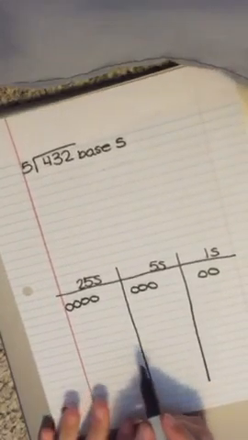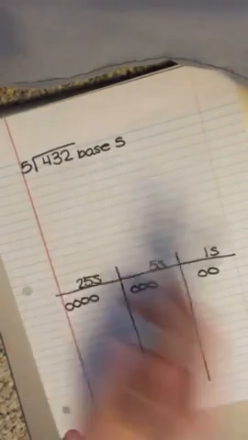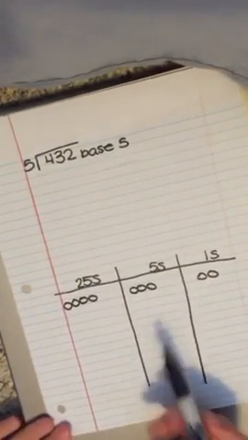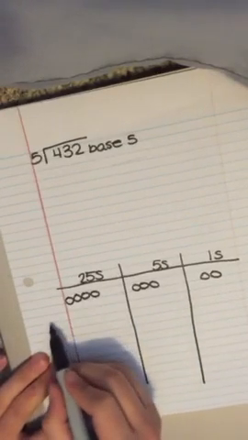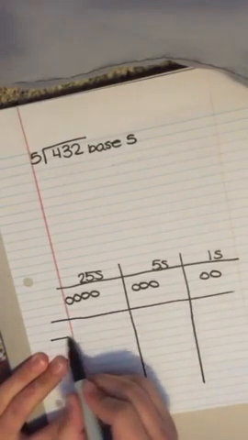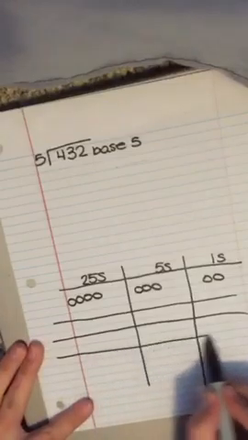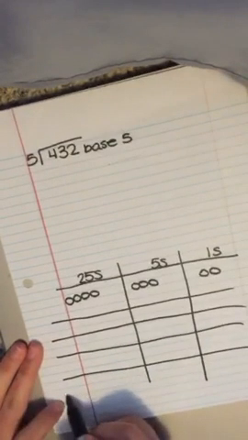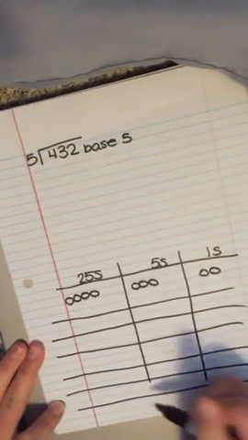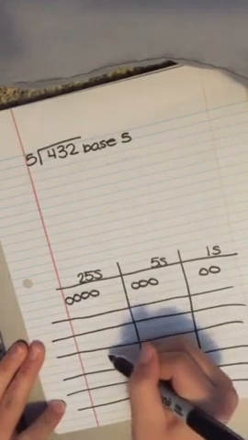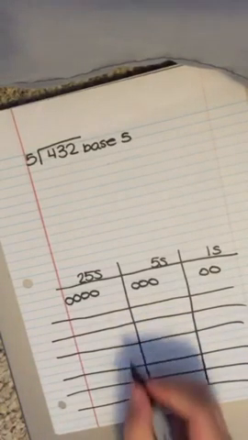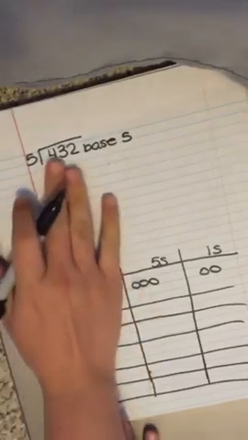Because we're dividing by 5, we're going to make 5 groups underneath the chip model. So now we have 5 groups because we're going to be dividing these into 5.